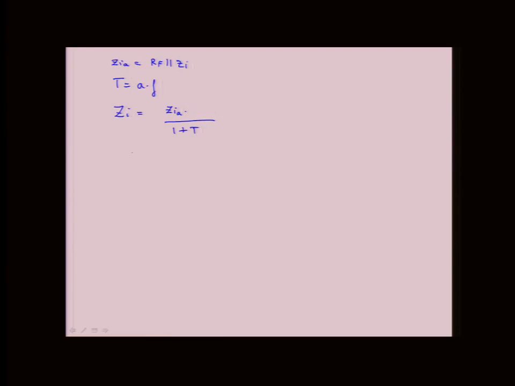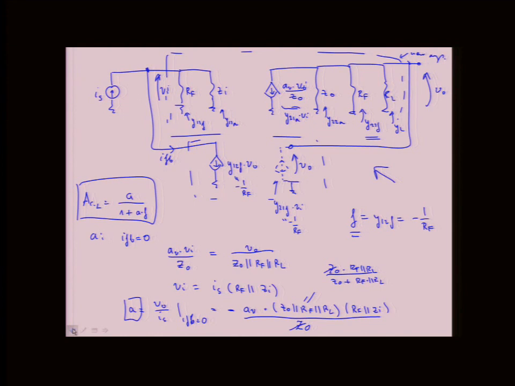Okay, and then if we look at the output, let's see what the output impedance is. Anybody wants to say? Same formula. So ZOA divided by 1 plus T. Yes. Okay, but what's ZOA?